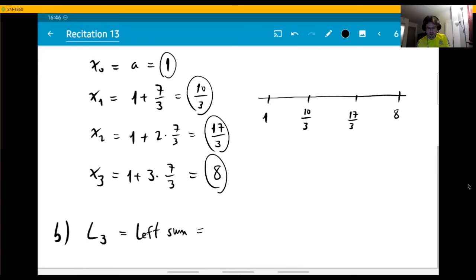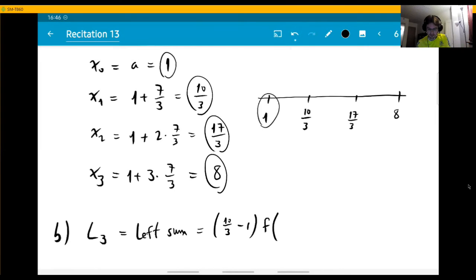Once again, for each one of the sub-intervals, you're going to have the length of that interval, and then times f of some special point, where that point is supposed to be the left end point of that interval. In this case, it's 1, because that's what it means to be a left Riemann sum. So you do this for each one of the pieces.